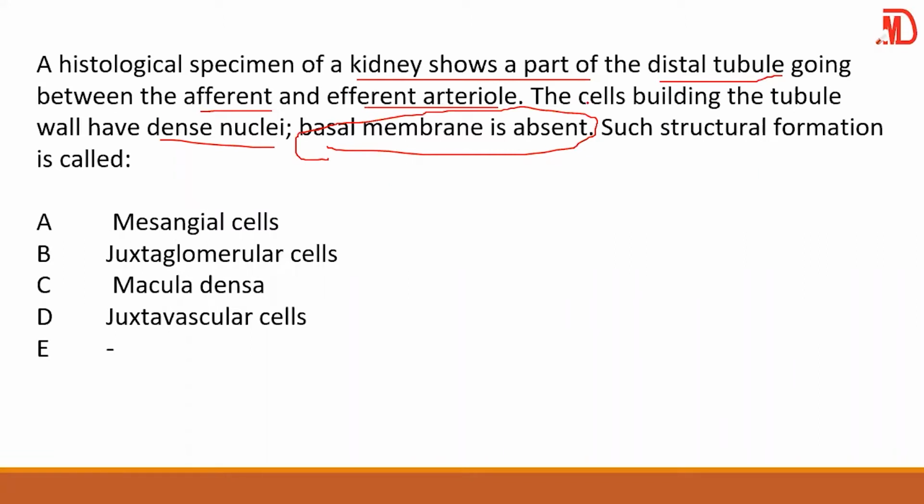All right. So the cells building the wall have dense nuclei. So your clue here is what? Dense nuclei with no basal membrane. So what structural formation are we looking for?